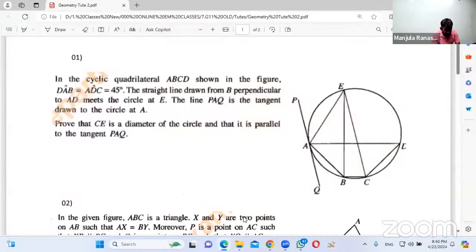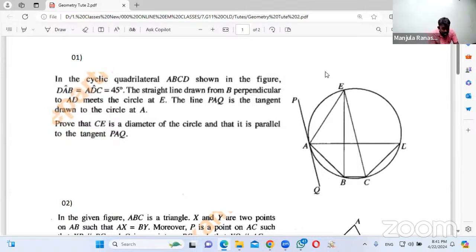See the first question. So this is the question.